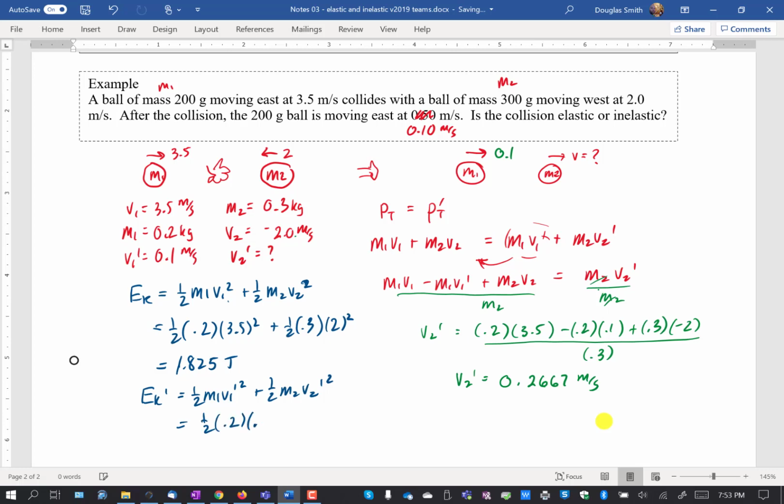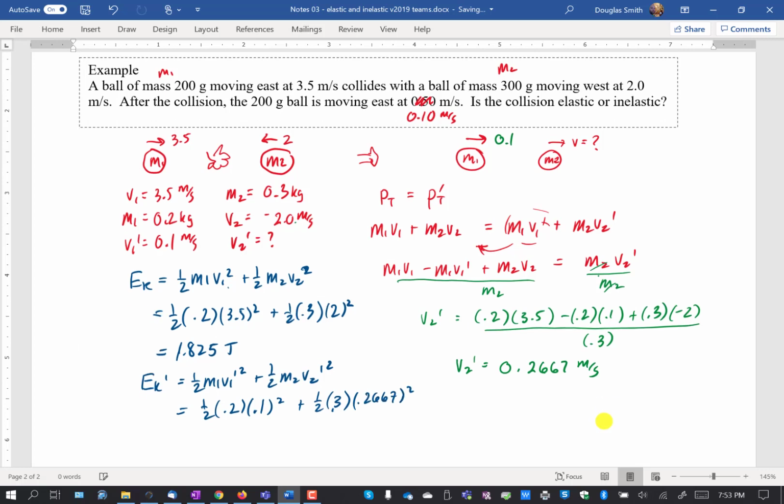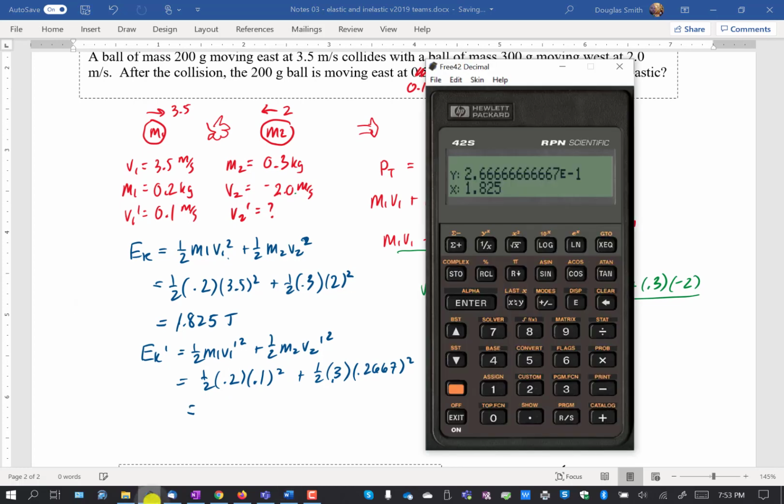That was 0.1 squared plus 1/2 0.3 0.2667 squared, 0.1 squared.